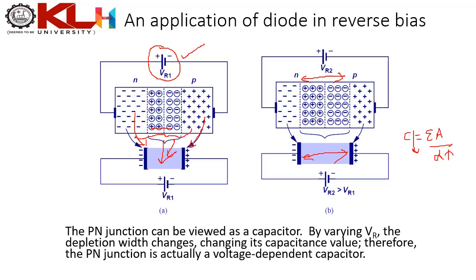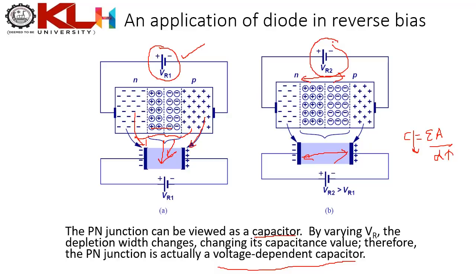We concluded in the previous slide that the reverse bias current is actually zero, but a very good application of diodes in reverse bias is that they can be viewed as a capacitor, specifically a voltage-dependent capacitor, because the value of the capacitance depends on the reverse bias voltage that you apply.